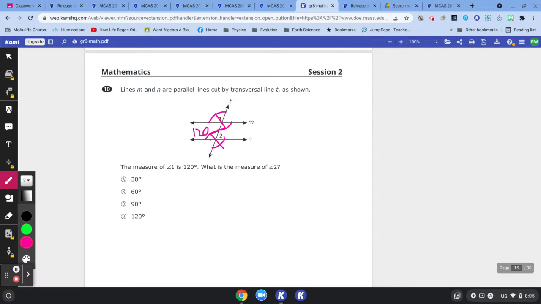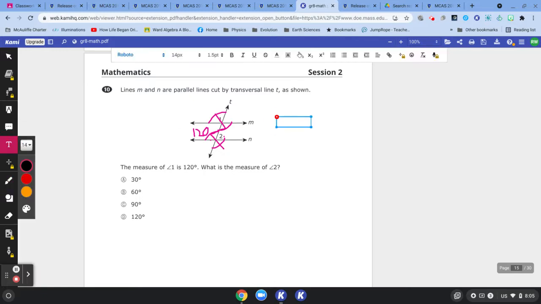So angle 2 is going to be 180 minus 120 equals angle 2. So that equals 60 degrees. Okay, and so that's the measure of angle 2. So our answer is B.